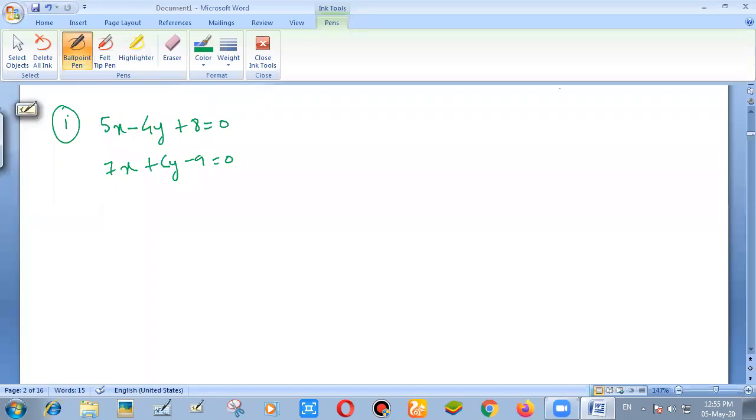First, all of you find the values of a1, a2. Write down like this: a1, a2, then b1, b2, and c1 and c2. Find out and tell me the values.